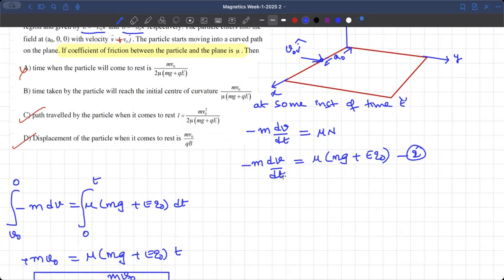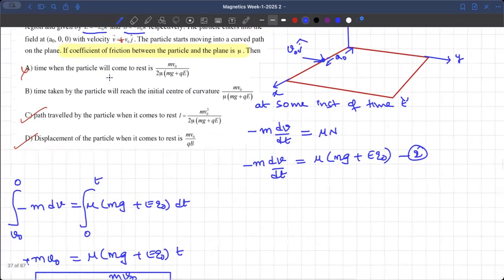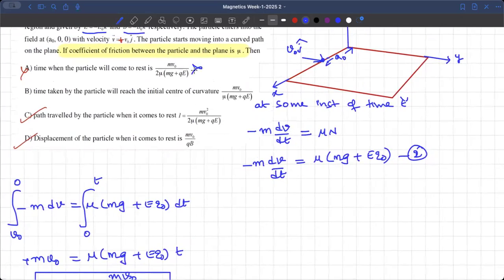So I am writing here the magnitude of the change of speed. For that, you don't require that term. So the time when the particle will come to rest is mv naught by mu times mg plus eq naught. The option about time taken to reach the initial center of curvature is wrong. Now we got the time part, right?